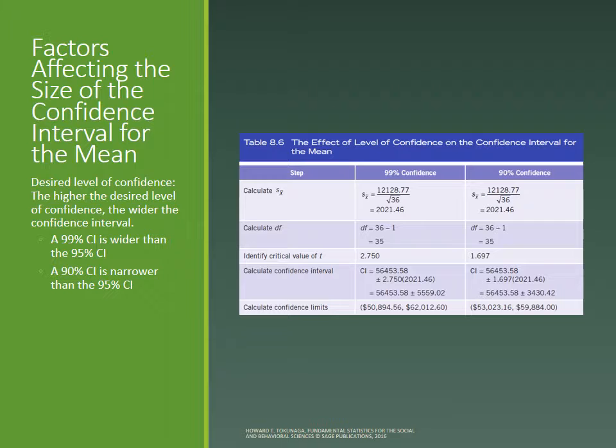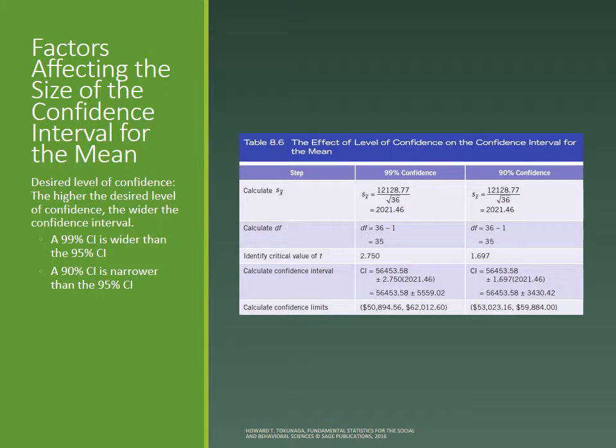This table is illustrating the effect of the level of confidence on the confidence interval with a 99% and a 90% confidence interval. So here it's using degrees of freedom and the critical value based on a table that uses the different levels of confidence to give you that critical value, or CV. And then when you calculate the confidence interval, it shows you the range.